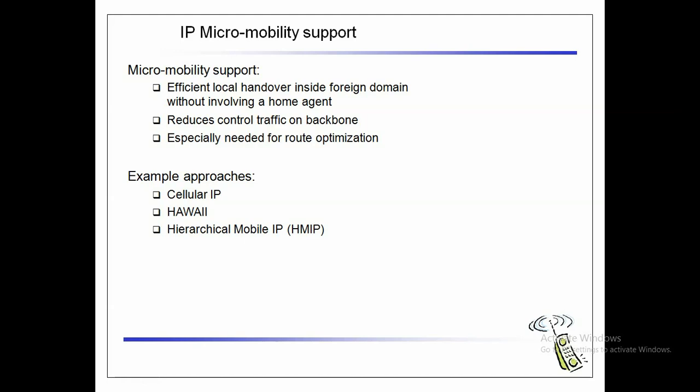In a Hawaii domain, the mobile node obtains co-located care of addresses. When moving to another cell inside the foreign domain, the mobile node sends a registration request to the new base station.